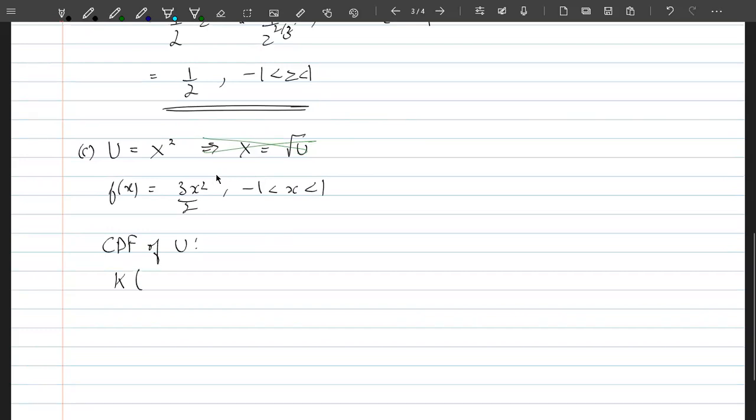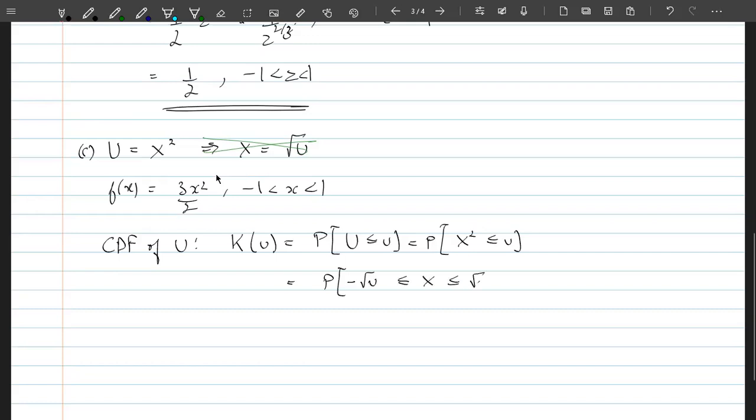Let me write K of u is probability of U less than or equal to small u. Again, that is probability of x square less than or equal to u. But now this comes out to be probability of minus square root of u less than or equal to x less than or equal to square root of u.